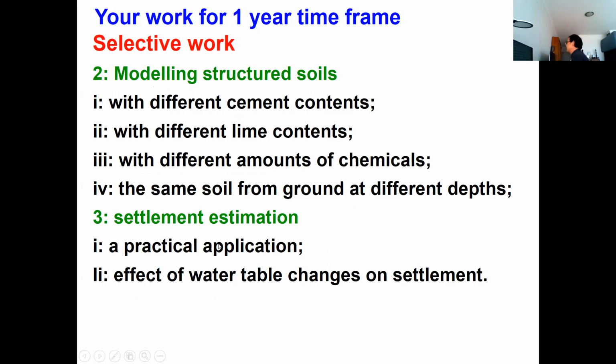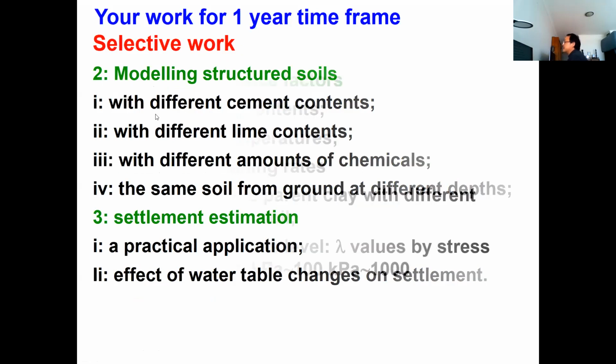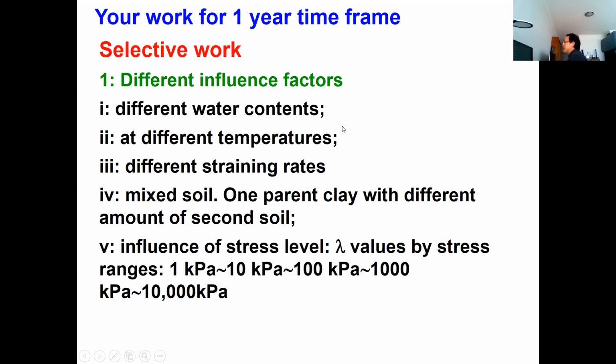So what I'm saying here is, for the first semester, you are going to use the scaffold model, but for the second semester, you're going to choose different areas, different topics. You can study the influence factors, like water content, strain rate, mixed soil, or stress level.